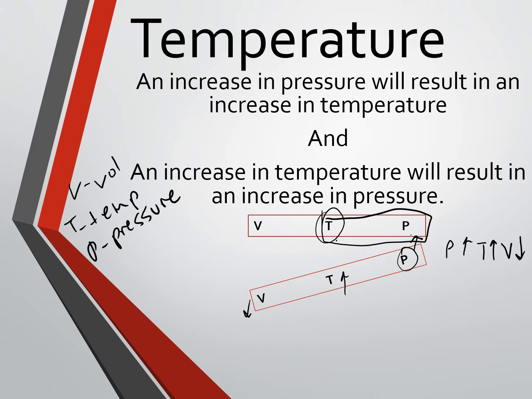What happens vice versa? Let's say I bring pressure down. What will happen to temperature and volume? Well, let's see. As I decrease pressure, temperature will go down. Okay, but my volume will increase.